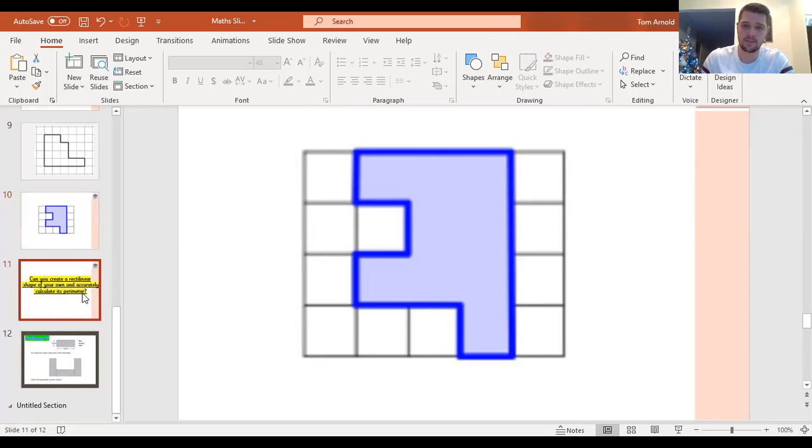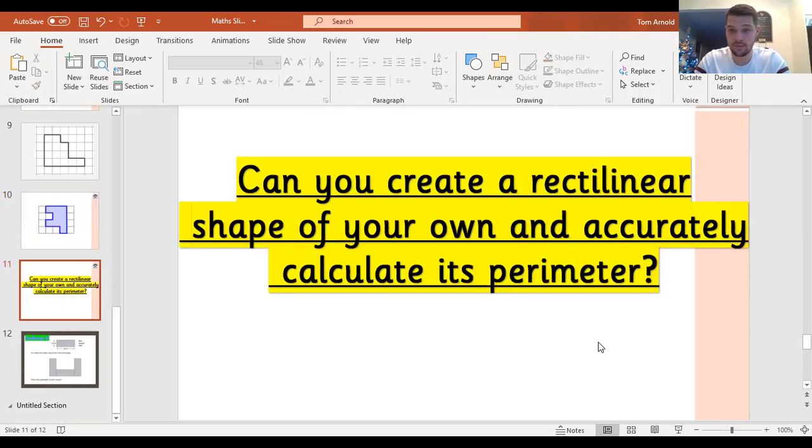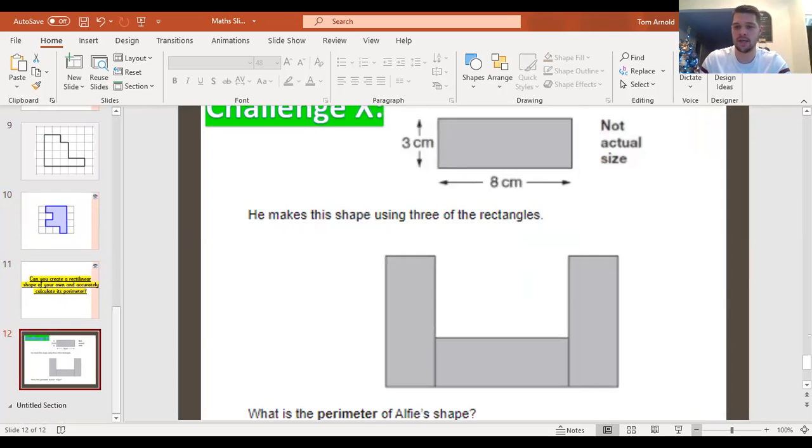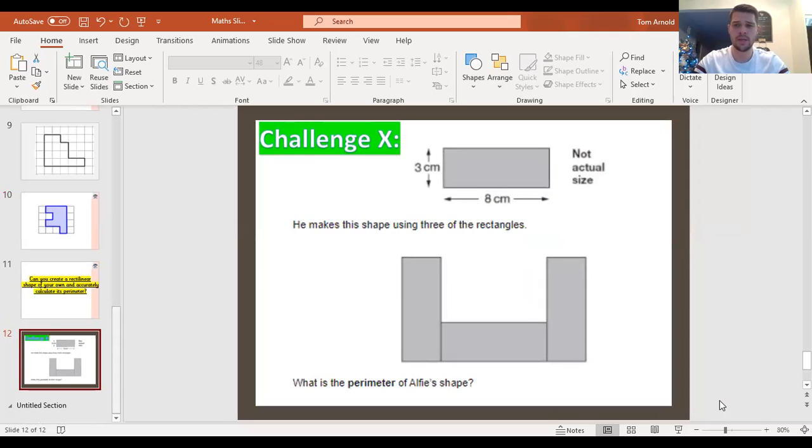Final 2 tasks. Can you create a rectilinear shape of your own and then accurately measure it? And finally, as a challenge X, this is really quite a challenge actually. So if you're not feeling too confident, maybe draw another smaller rectilinear shape and try and calculate it. This one here was actually in a year 6 SATs paper at one point.